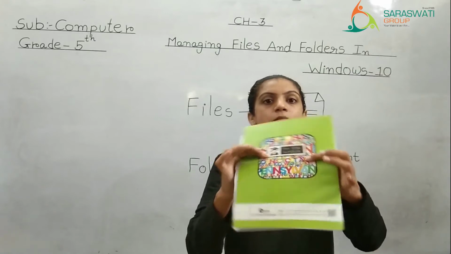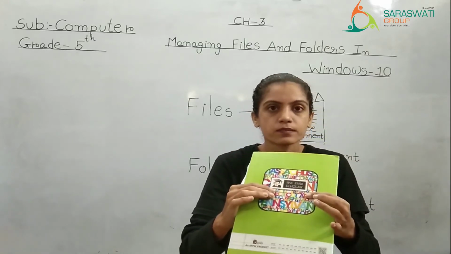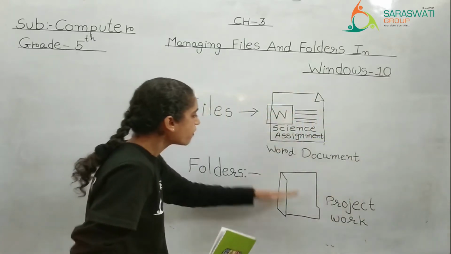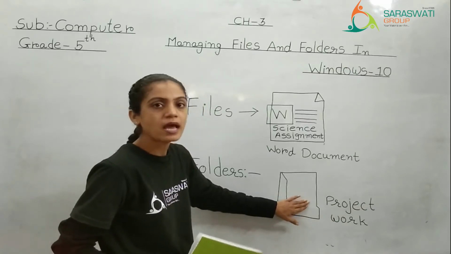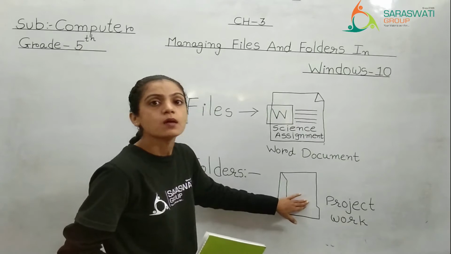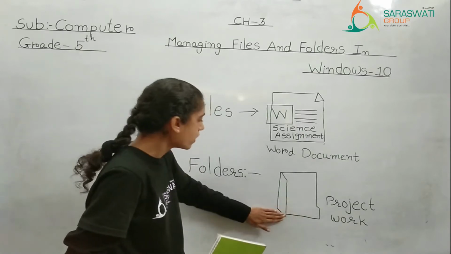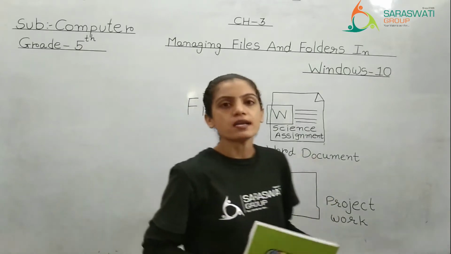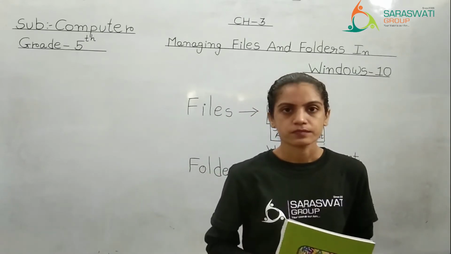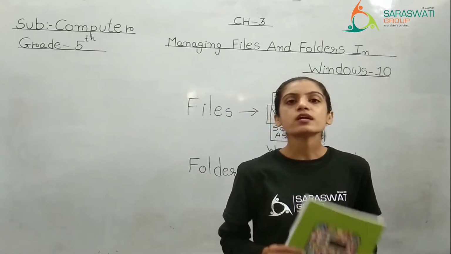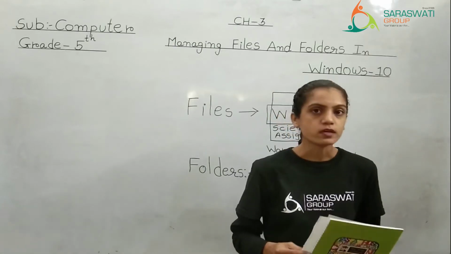So that means I am managing it properly. All files I am keeping in this proper place. So this collection of files is known as what? It is known as a folder. So this is the major difference between files and folders.